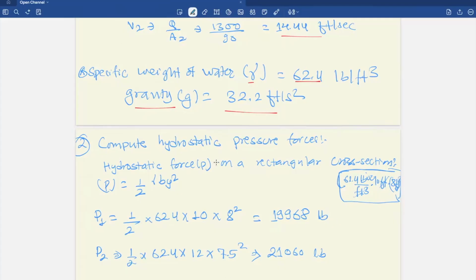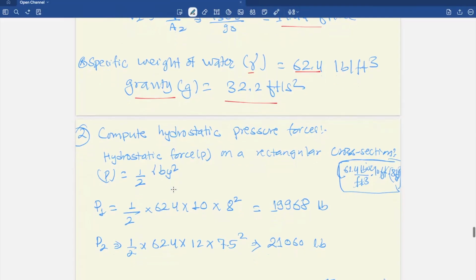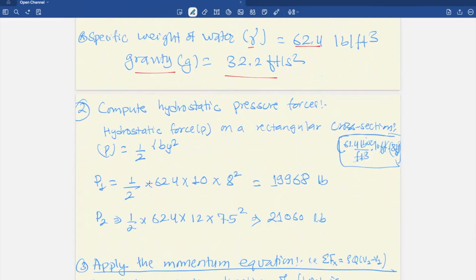For a rectangular cross section, hydrostatic force will be equal to 1/2 times specific weight of water times width times depth.